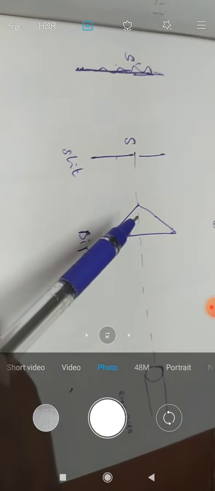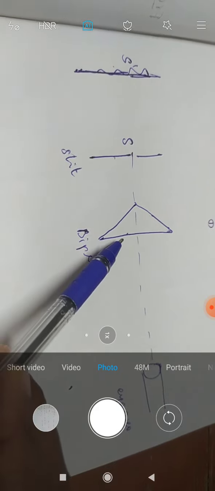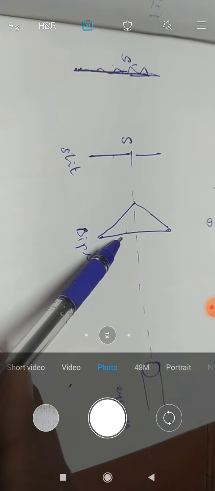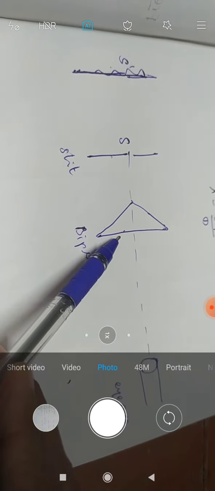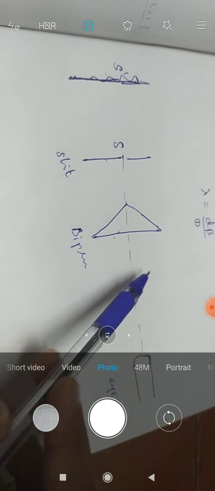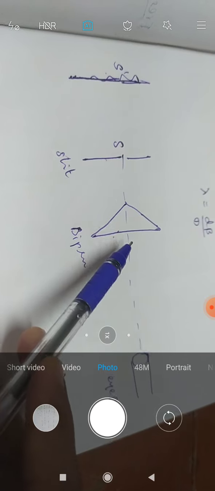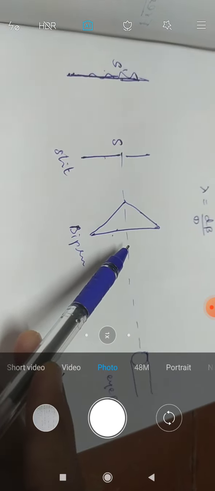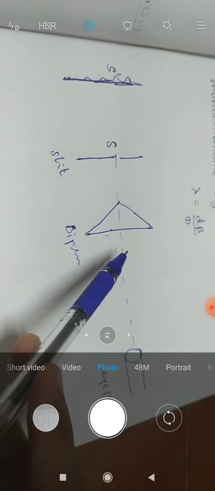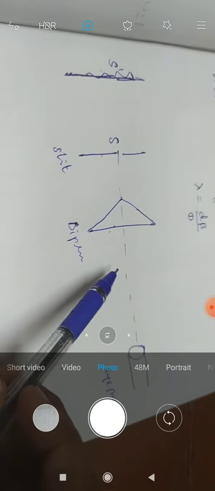The position of the biprism is adjusted until two equally bright images of the slit are seen by the naked eye.